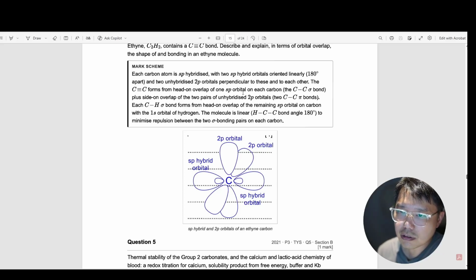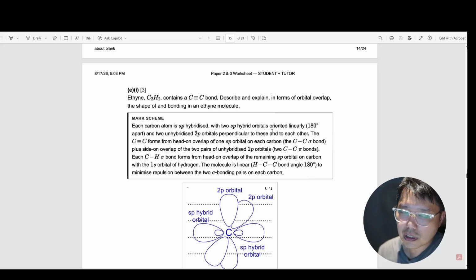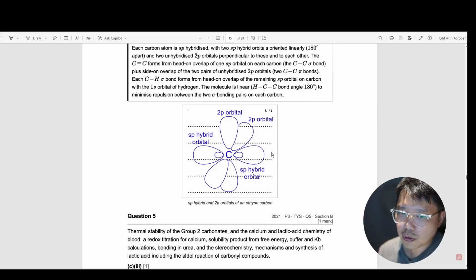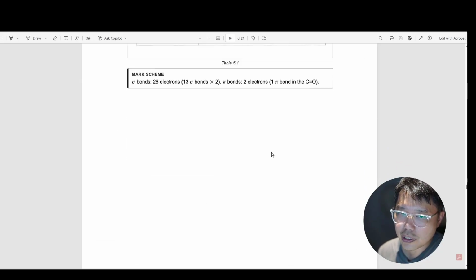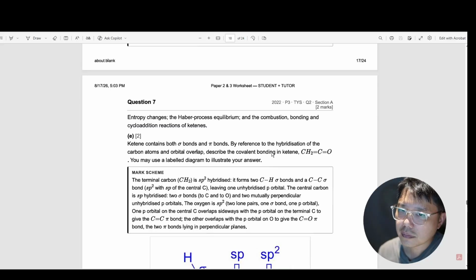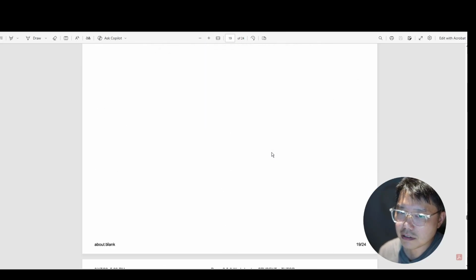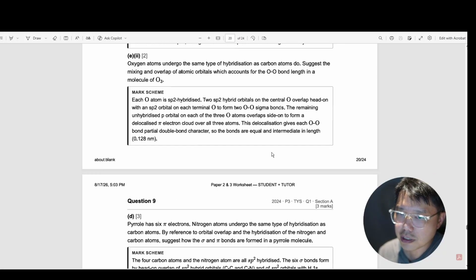So you just write all this down. This will earn you a cool 3 marks. For these and more similar questions, it's quite repetitive. The 10-year series is always the same type of question.